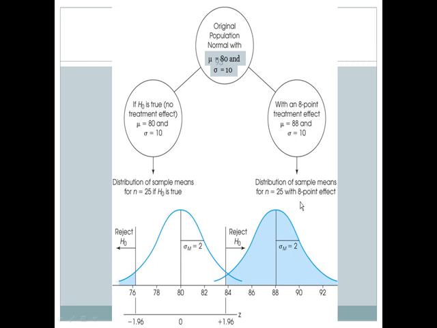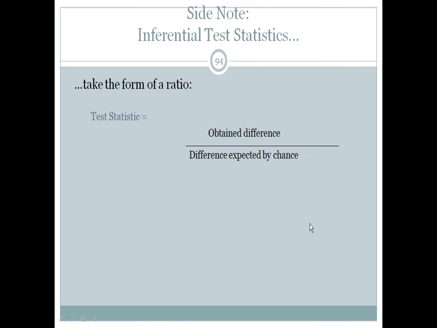As a final note in this lecture, I want to go back to the general form of all statistical tests that we're going to be coming up on in the class. These all take the form: the test statistic is equal to an obtained difference divided by the difference expected by chance.